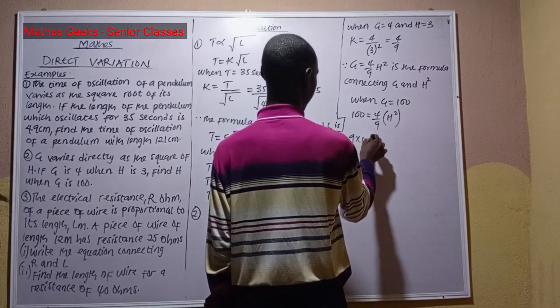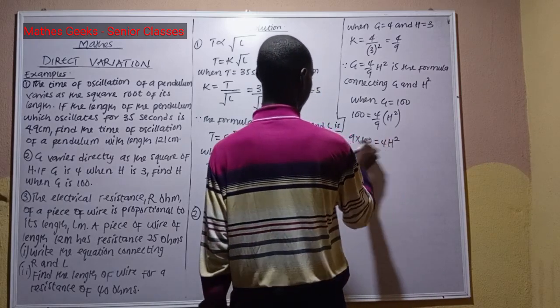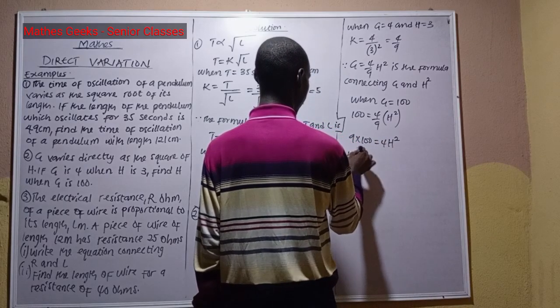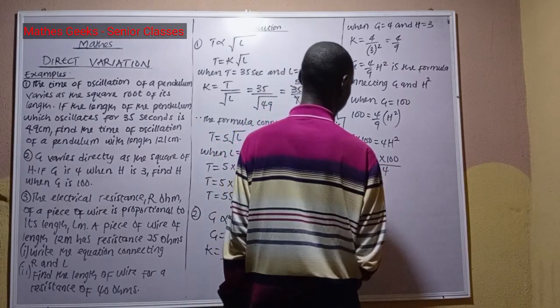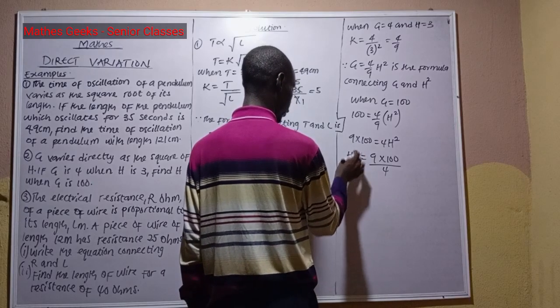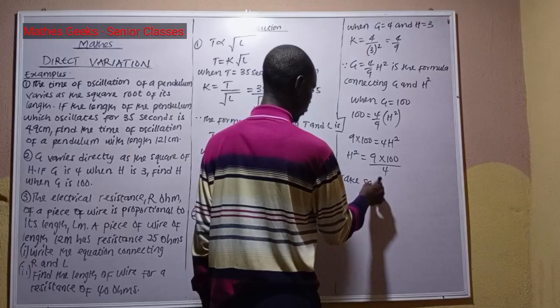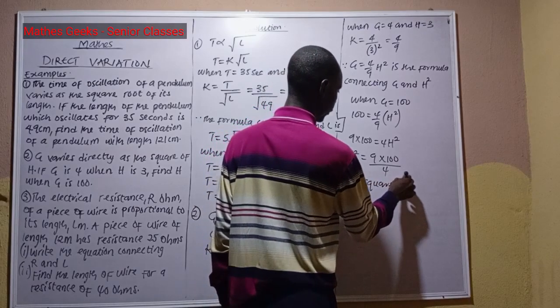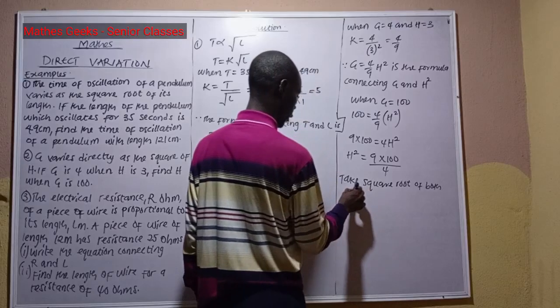So 9 times 100 equals 4 h squared. Divide both sides by 4. h squared equals 9 times 100 over 4. To eliminate the power 2, take the square root of both sides.